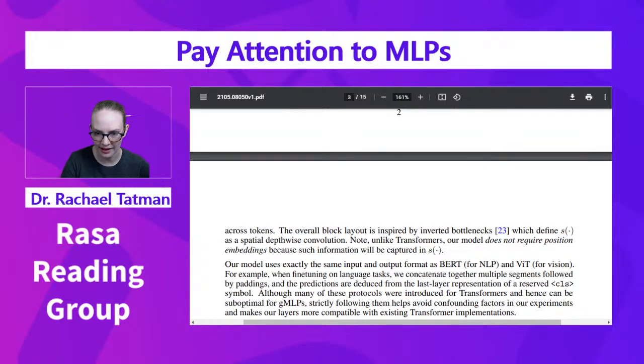The overall block layout is inspired by inverted bottlenecks, which define S as a spatial depth-wise convolution. Okay, so like in a convolutional neural network, it'll be a sliding window that projects up.